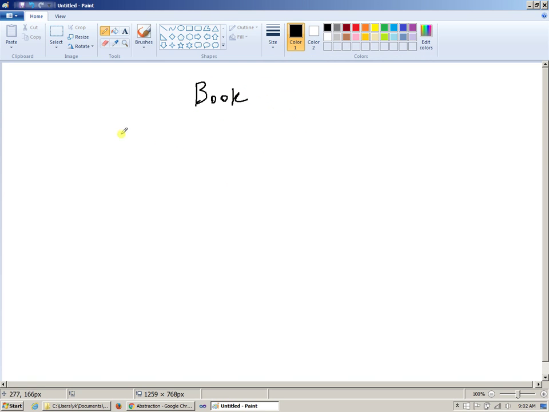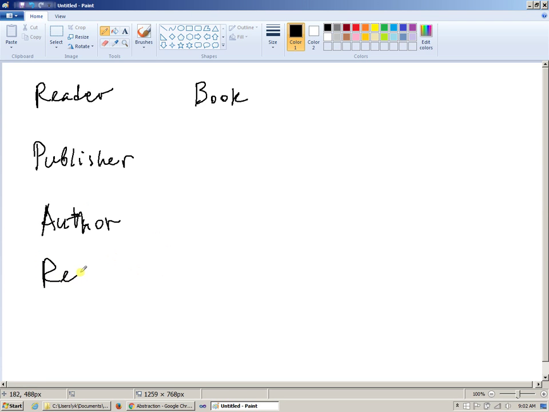It could mean different things to a reader of the book, to the publisher, right? To an author of this book. To a recycler, right? And the book has different meanings to all of these different parties, right?